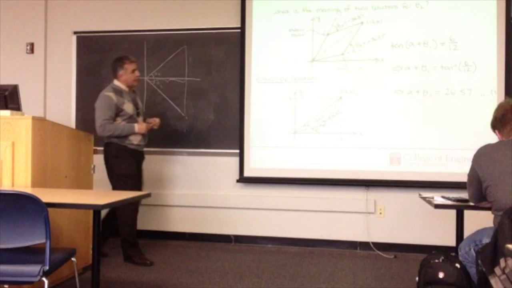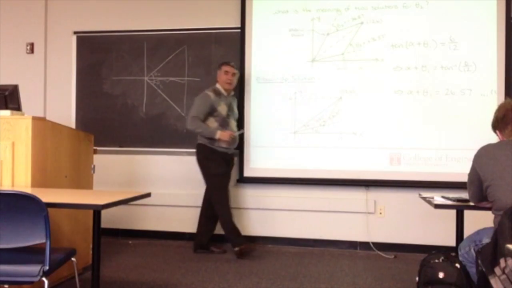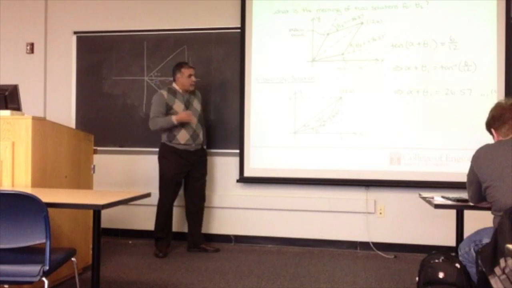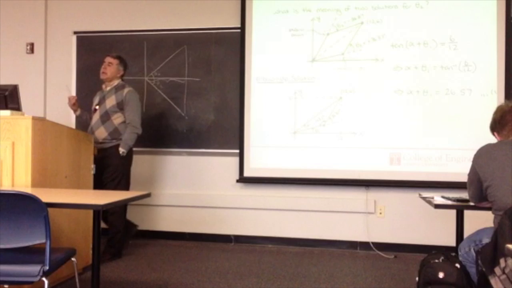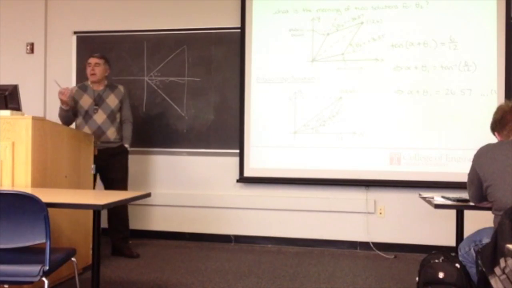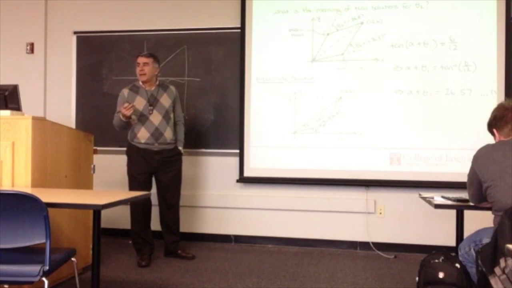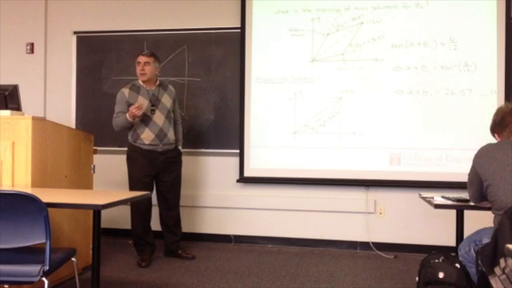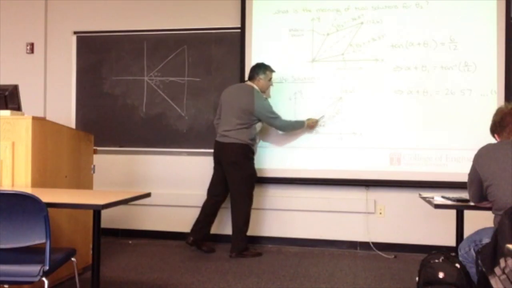So let's look at this triangle. Here, you have 36.87, because it just happens that this triangle is an isosceles triangle.